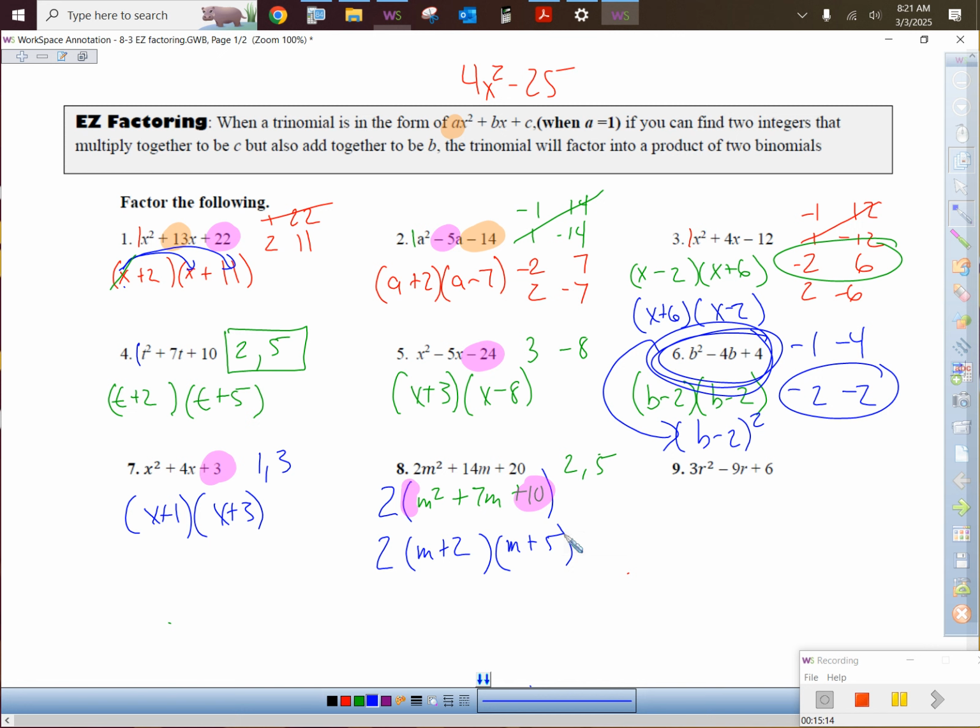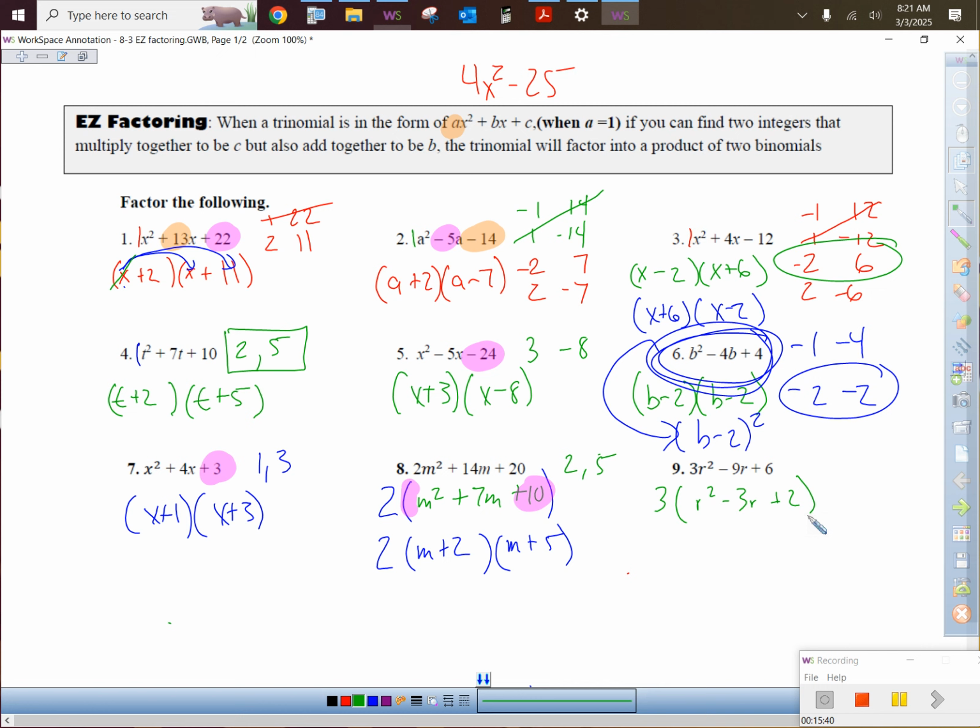So there's one more of these left. Do you see that the A value is not 1, right? That is first case scenario. It's like, I probably need to take out a GCF. So what do you think on number 9? What could we take out for a GCF? 3.